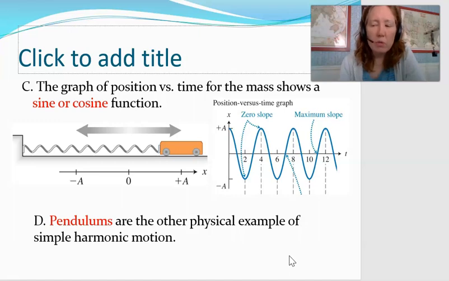So if you remember sitting on a swing, the further you are back from the straight up and down position, the harder gravity's going to try to pull you. I mean, you almost are going to slide out of the seat, right? So that's another great example of simple harmonic motion. Okay, so I'm going to pause here and take a video of some motion.